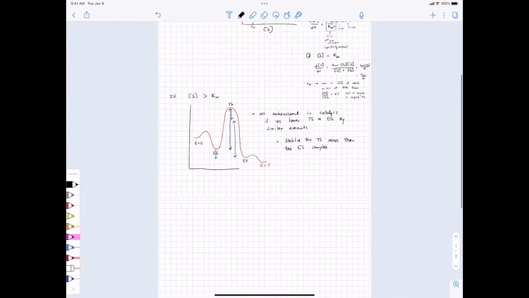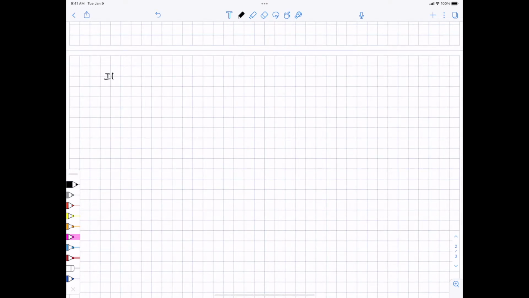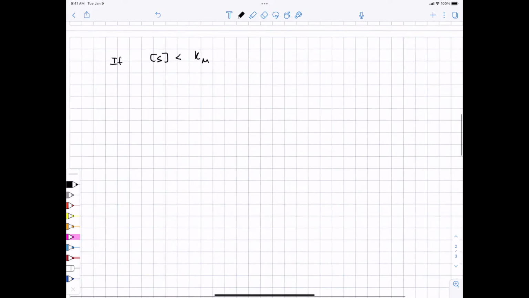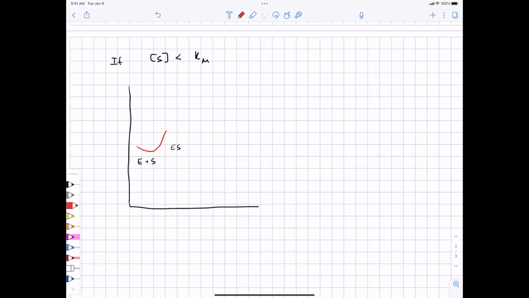Okay? In contrast, if you're under a situation where the substrate concentration is lower than Km, that means more than 50% of your enzyme isn't occupied, and the way for that to be true is if the enzyme substrate complex is actually higher in energy. It's actually uphill to get to the enzyme substrate complex, and then here's the transition state, here's the enzyme product complex, here's the dissociated complex.